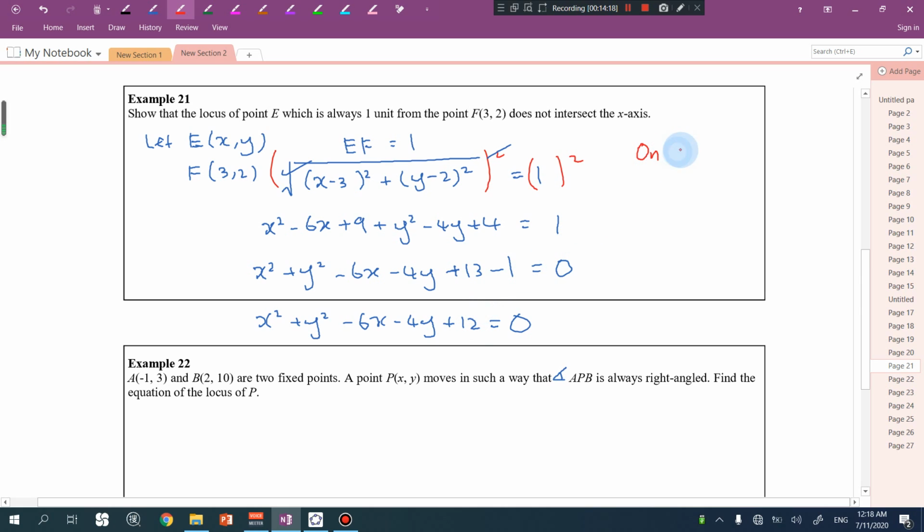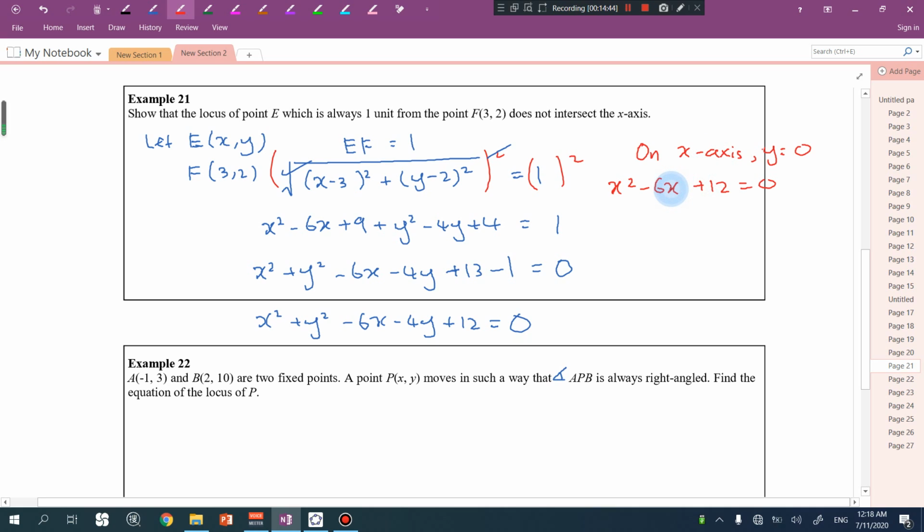On the x-axis, y is equal to 0, right? So we change all the y becomes 0. So we will have x squared minus 6x plus 12. So if we can find the value of x, then we know where this locus intersects the x-axis, right?